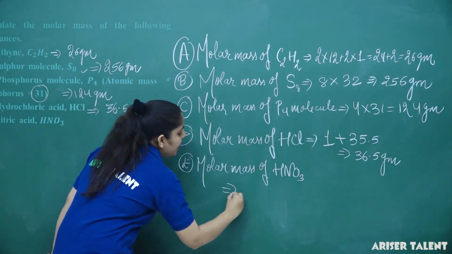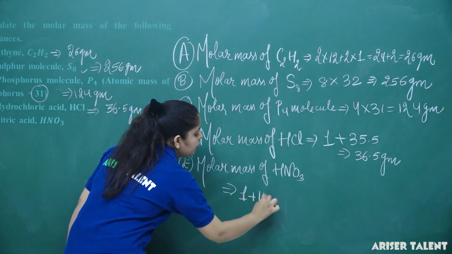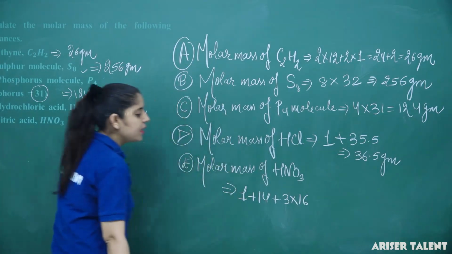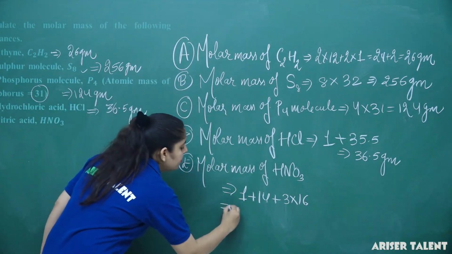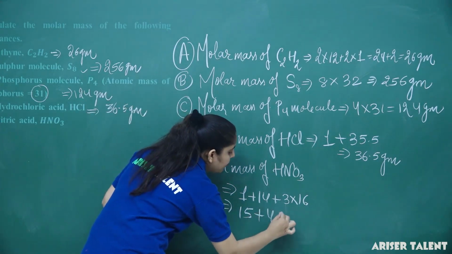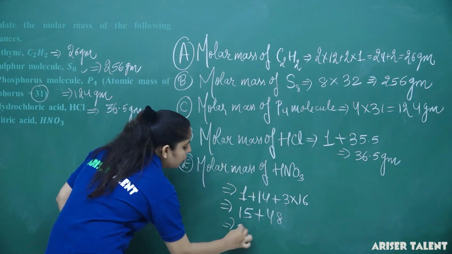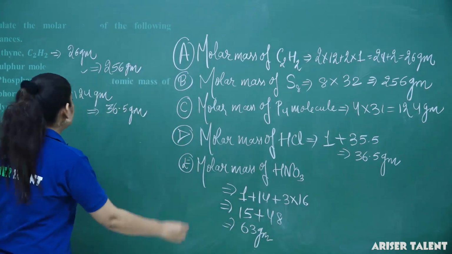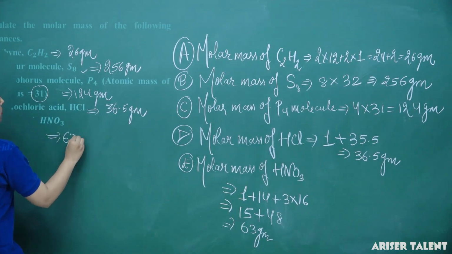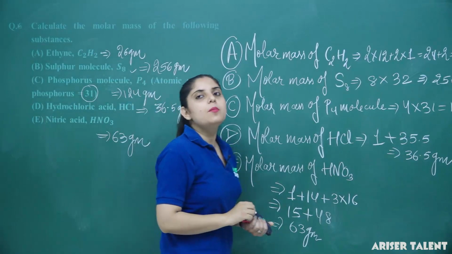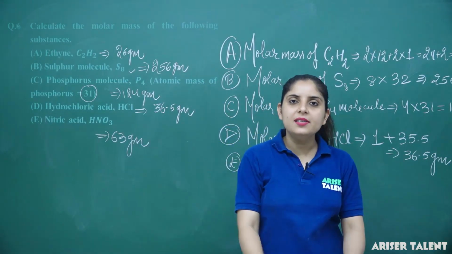Now, H is 1, nitrogen is 14 and oxygen is 16. So what do I get here? 14 plus 1 is 15, and 16 into 3 is 48, so it comes out to be 63 gram.